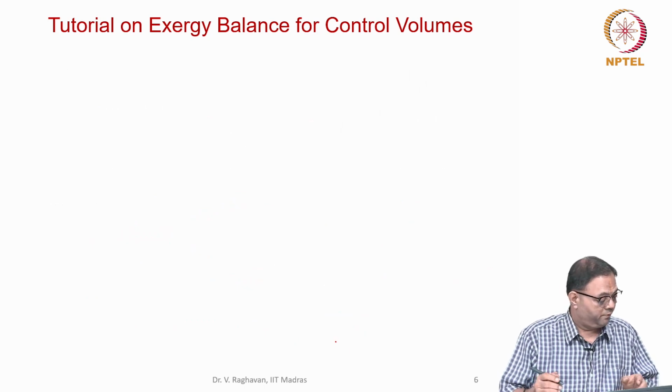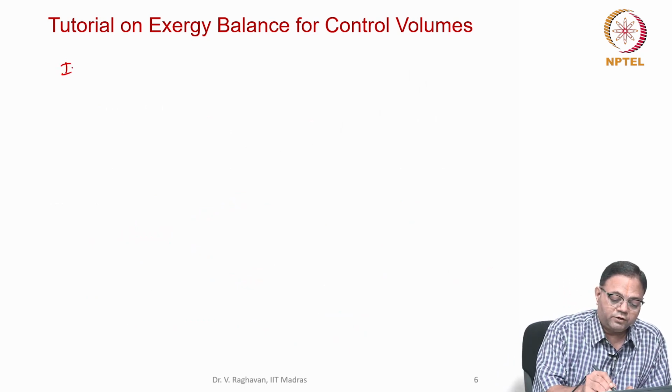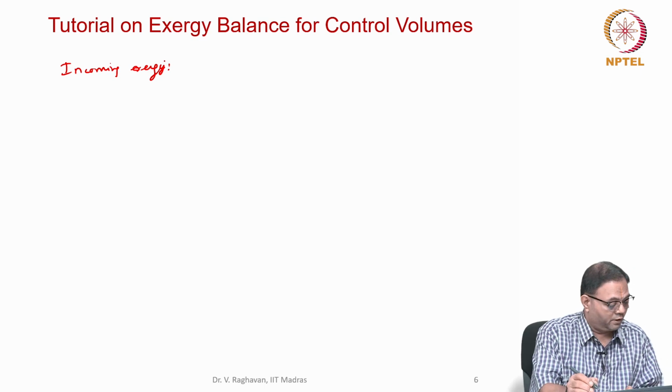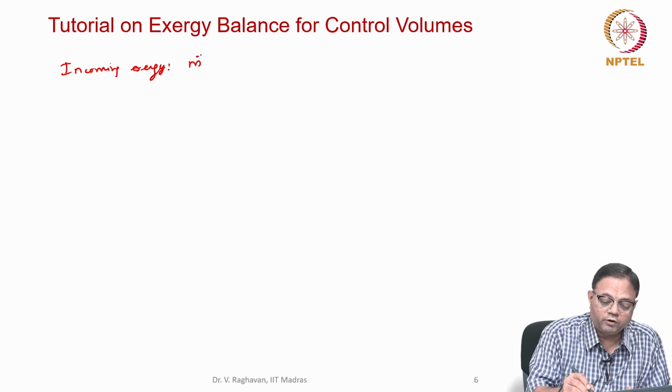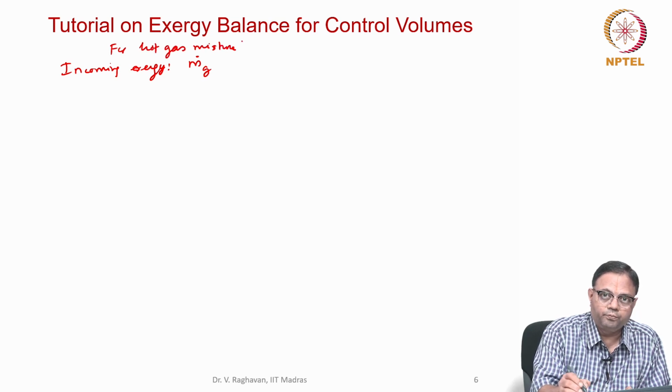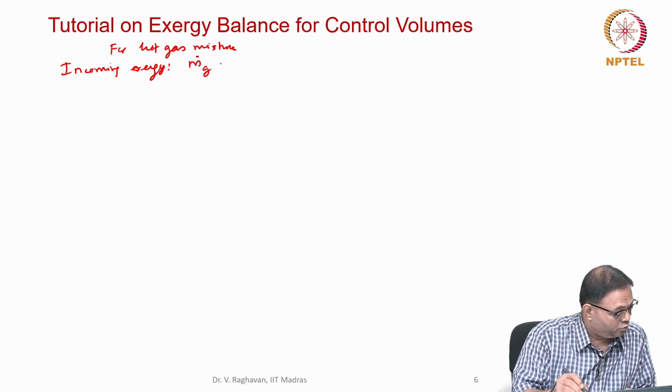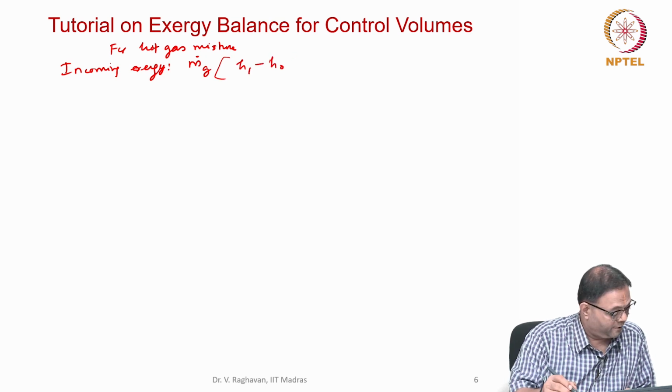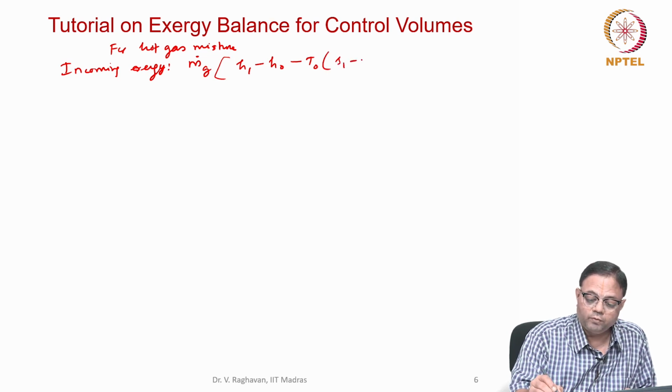So now we go to the incoming exergy calculation and availability. Incoming exergy, that is m for the hot gas mixture. So we can say m dot g into H1 minus H naught minus T naught times S1 minus S naught.